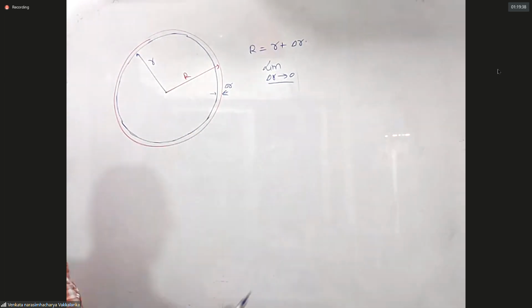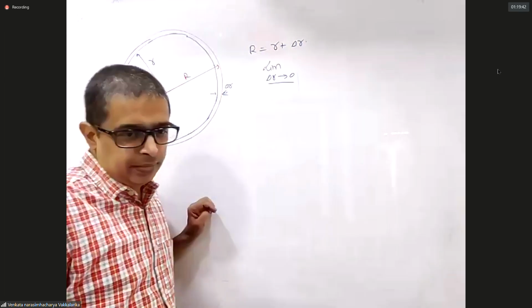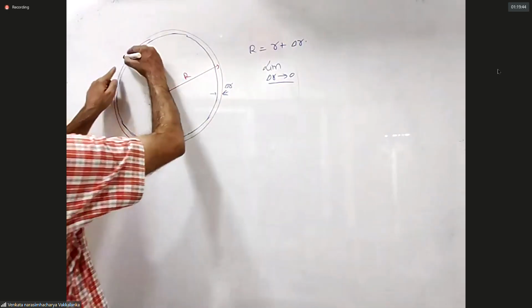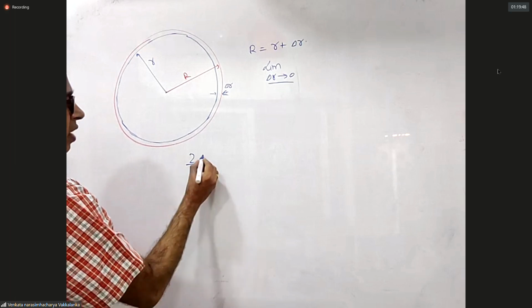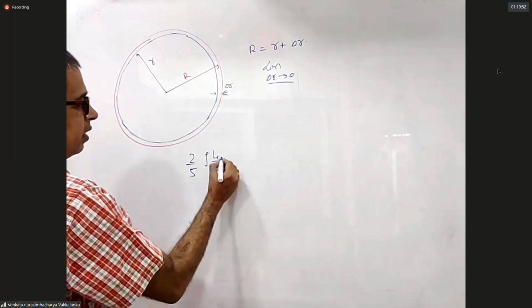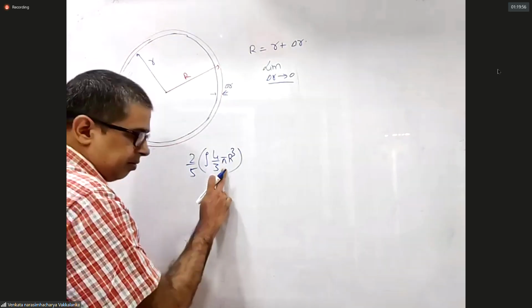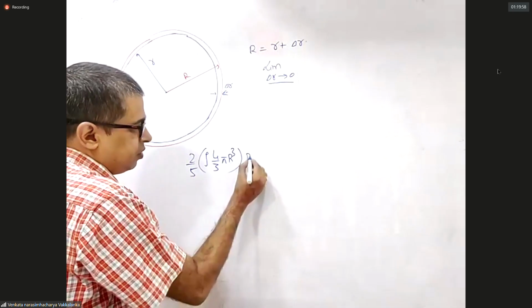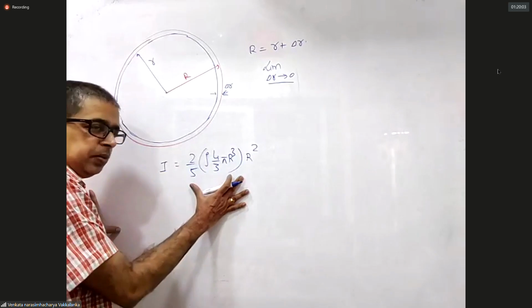Listen, the key catch is understanding that the density is the same. How will I write the moment of inertia of the outer sphere? 2 by 5, density into 4 by 3 pi R cube. Will this be the mass of the outer sphere? Yes, sir. This into R square. Is this the moment of inertia of the outer sphere?